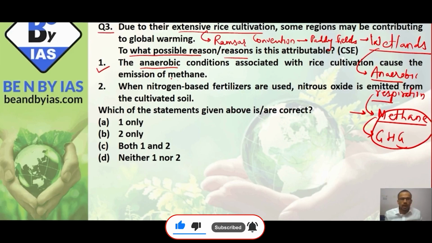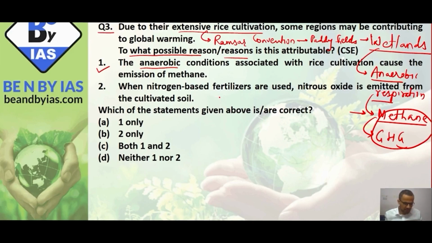Right? Apart from this, see, as a result of anaerobic respiration, it is not that only methane is released. Even nitrogen is released during this anaerobic respiration of bacteria.